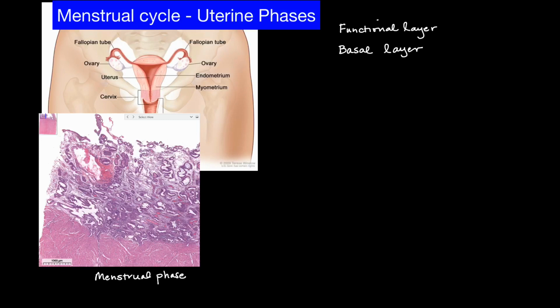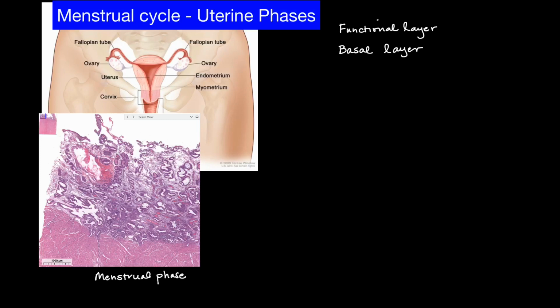Because we didn't have fertilization occur, remember that our corpus luteum is going to stop functioning, and so this signals the hormone changes: estrogen and progesterone, LH, FSH, everything has dropped, so the menstrual phase begins.